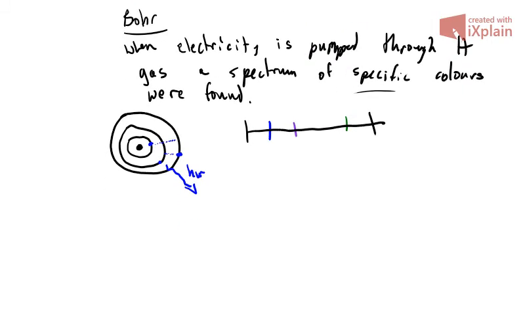Nowadays, we find that the atom is a nucleus with electrons surrounding it in a cloud of probability, and that probability follows specific orbitals.